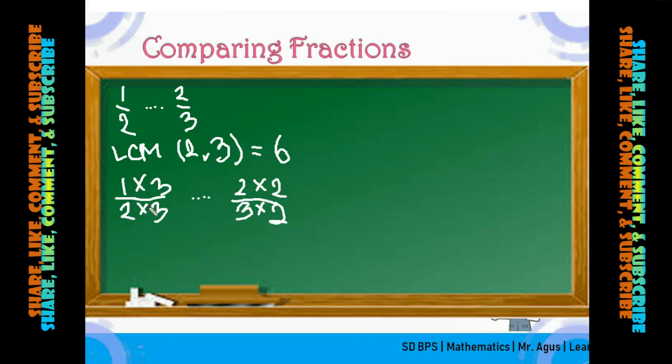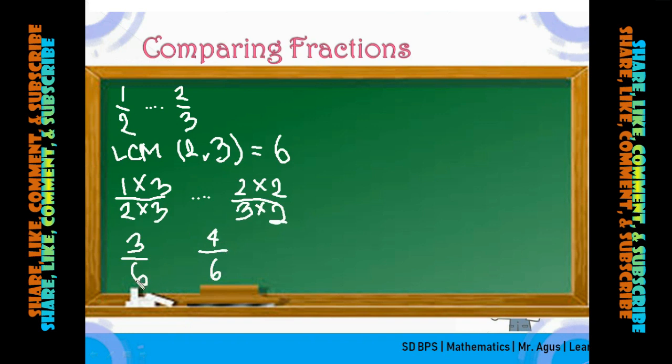In this case, we get 1 times 3 equal to 3, and then 2 times 3 equal to 6. 2 times 2 equal to 4, and 3 times 2 equals to 6. So the first fraction become 3/6 now, and the second fraction become 4/6 now.